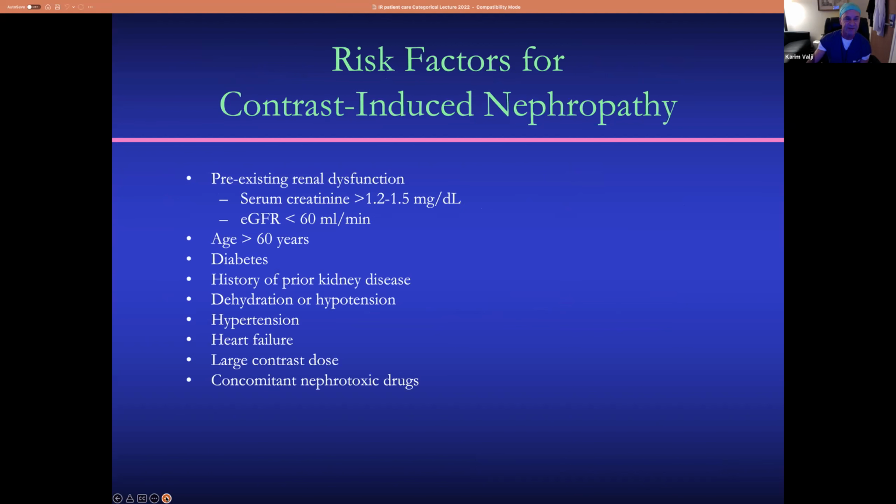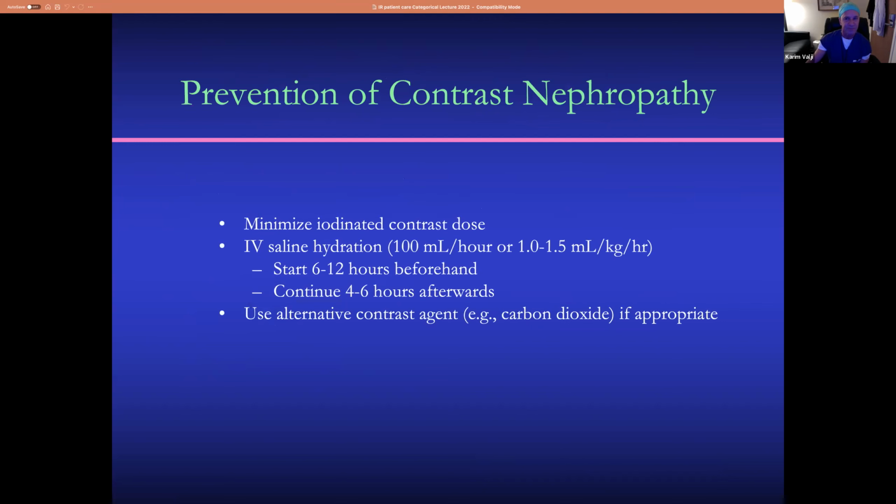Risk factors for contrast-induced nephropathy, I don't want to spend much time on that. I think that's something you all know or will know. Pre-existing renal function, age and diabetes are probably the most common. How do we prevent it? Again, there's more and more debate over the years recently about how real contrast nephropathy even is. But certainly in any event, you want to minimize the iodine contrast dose, of course, now because we're low on those agents.